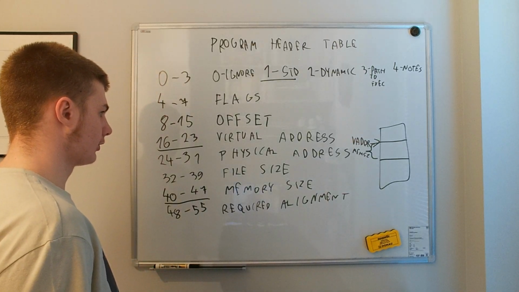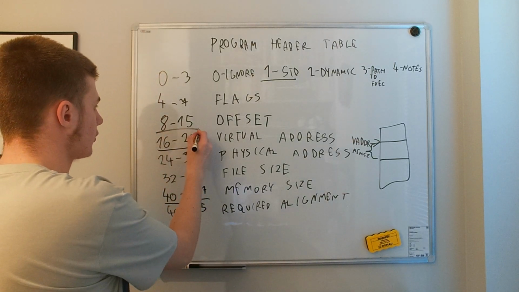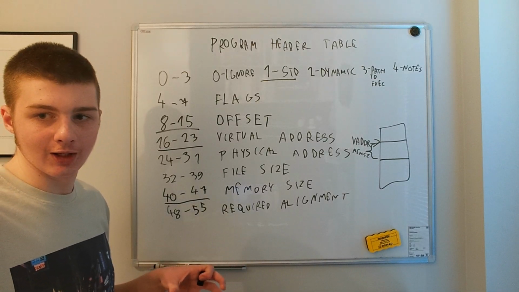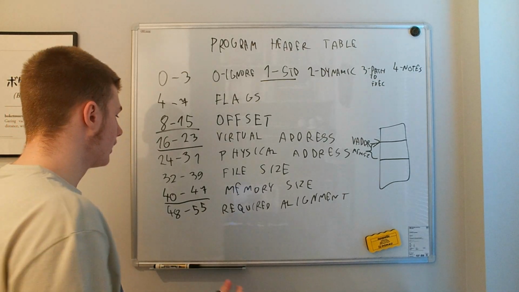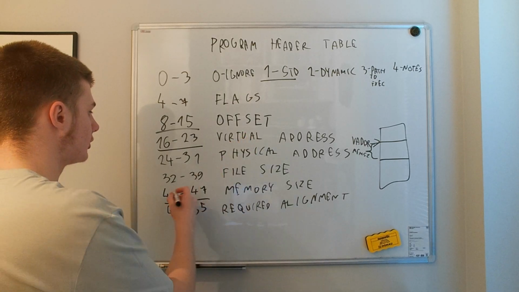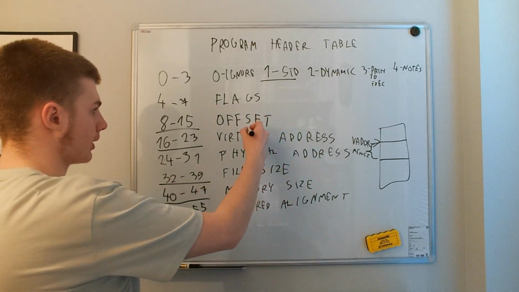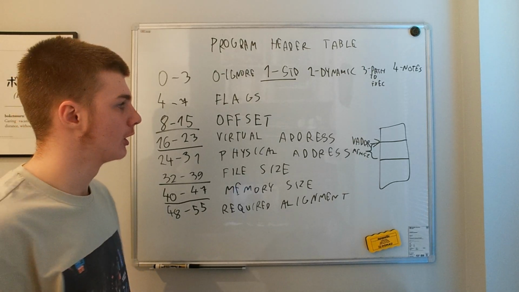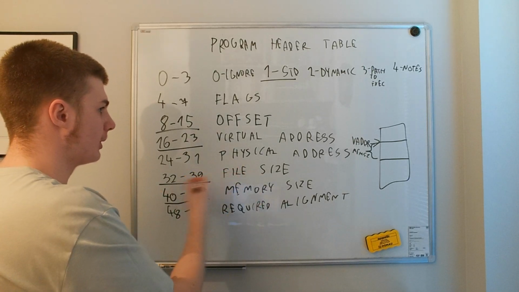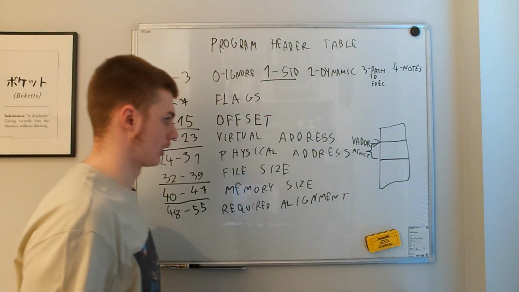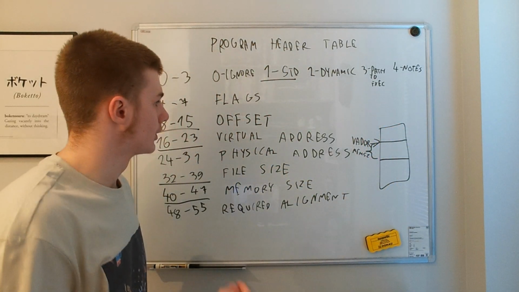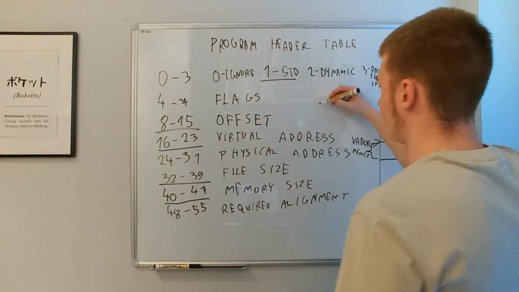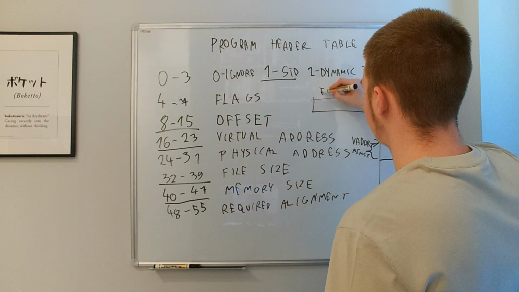Once you have that, you should take the offset of where the section is in the ELF file, and then you should read file size bytes from this offset and load this many bytes into this virtual address. So you have some offsets, right? So you have your ELF file.